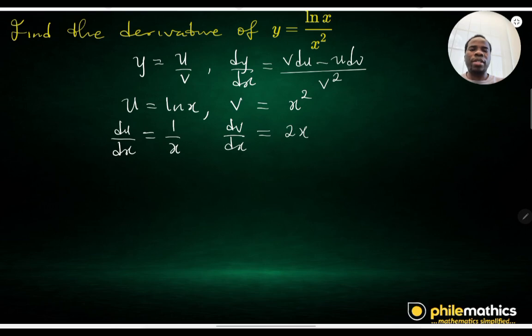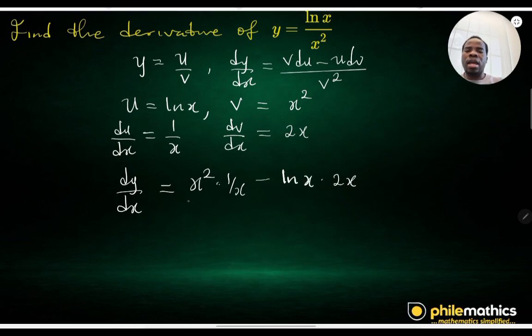And so if we substitute this, we'll then have dy/dx to be v, which is x squared, times u', which is 1 over x, minus u, which is natural log of x, times v', which is 2x. And then everything is divided by v squared. v squared will be x squared to power 2, which is x to power 4.